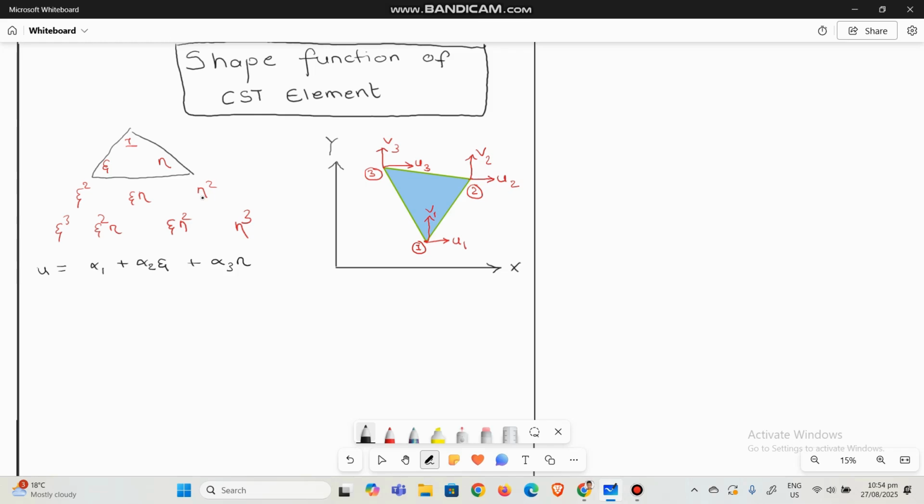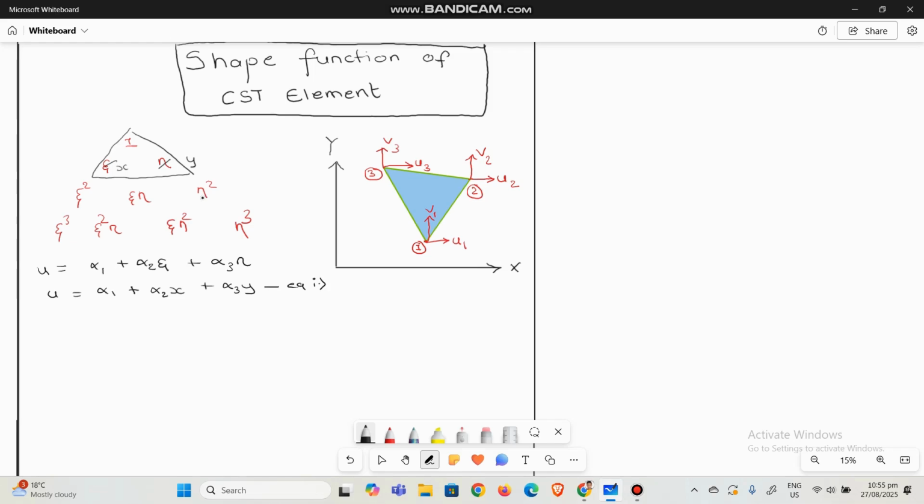And since here we are talking about x and y coordinates, we can substitute this xi and eta with x and y. So instead of this, what we get is u equals alpha 1 plus alpha 2 times x plus alpha 3 times y. And this is our equation number 1.